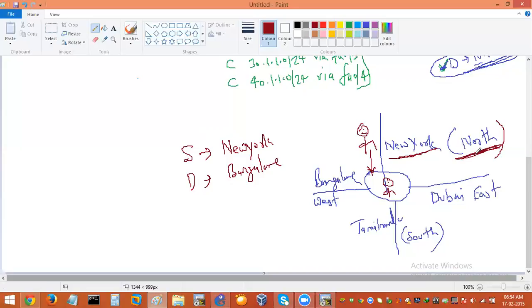Based on the destination he's trying to reach, you checked, okay, Bangalore is in the west direction. You will forward that guy in the west direction so that he can reach Bangalore. You will never forward him to east or south, because those directions don't go to Bangalore.